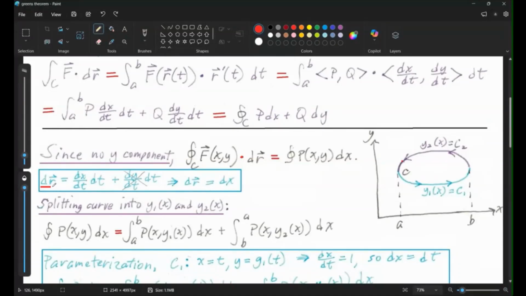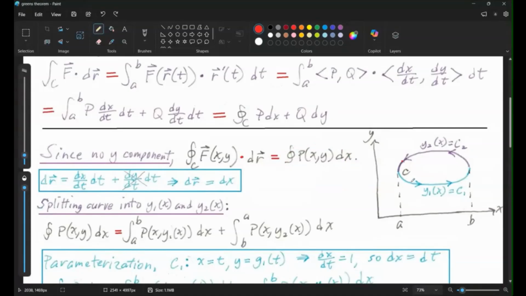So that just means that this is equal to this, and then if we're not parameterizing, we just get dr equals dx. So we just change this to dx. And so now this is what we have. This is what we're going to use to do this first integral.